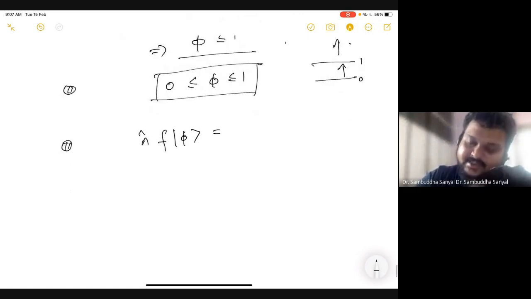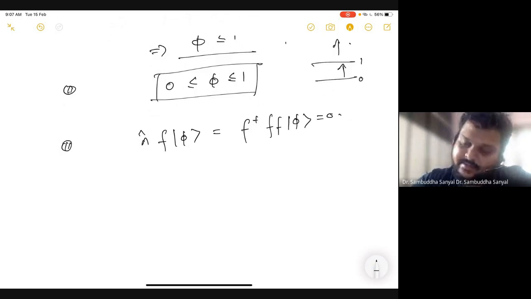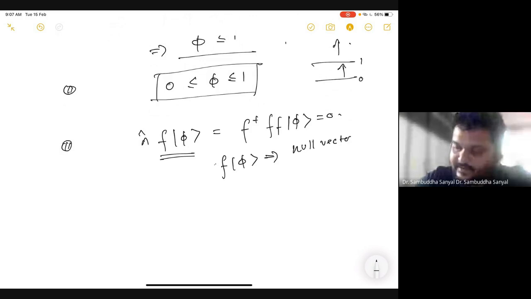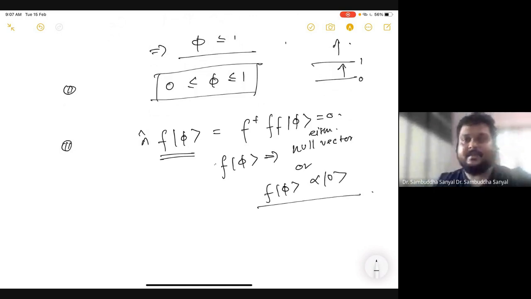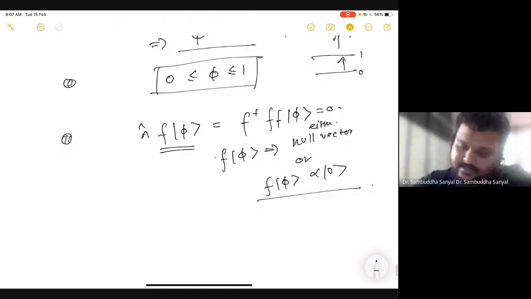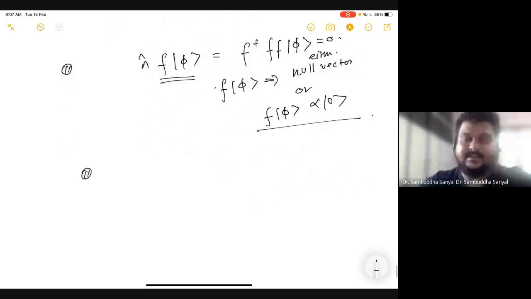It's already obvious. I'm just showing you f dagger f phi is 0. So f phi is obviously the null vector. So it is either the null vector or f phi is the 0 eigenstate. Okay. So now let's try to see. This is actually a very simple exercise.